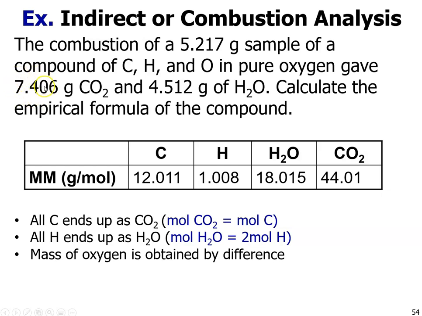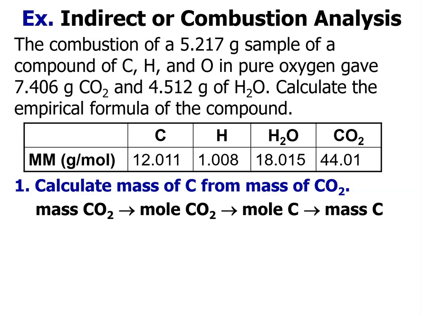And we get 7.406 grams of carbon dioxide, 0.4512 grams of water. So now we want to calculate the empirical formula for this compound. Remember, all the carbon ends up as CO2, all of the hydrogen ends up as water, and the mass of the oxygen is obtained by the difference.